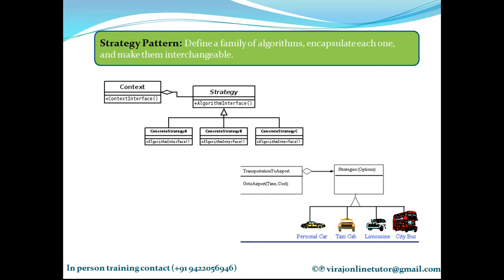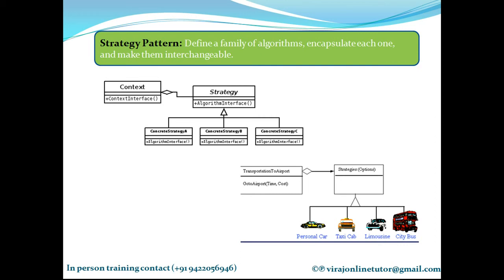So I need to use the strategy pattern in this scenario because I have different options. All these four are related classes, but each one behaves differently and I need to select one of them. At the same time, I can't travel by bus as well as personal car together.